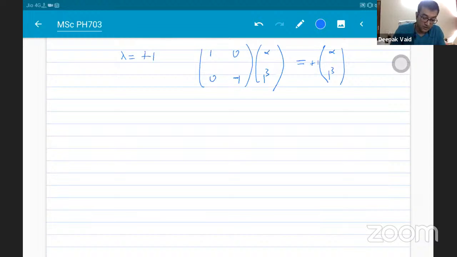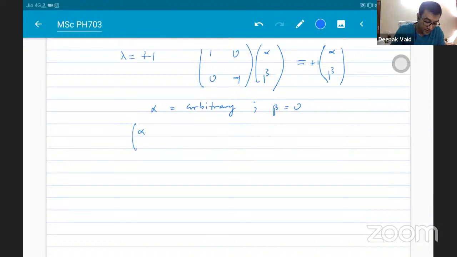Now, what is the possible solution of this? Well, alpha can be arbitrary. Alpha can be anything, and beta is equal to 0.